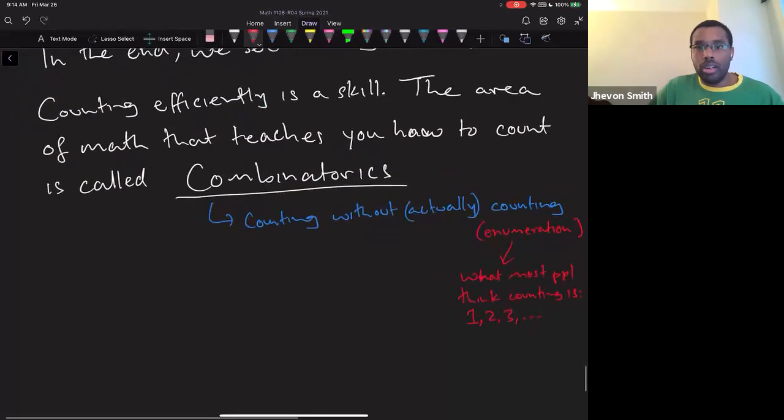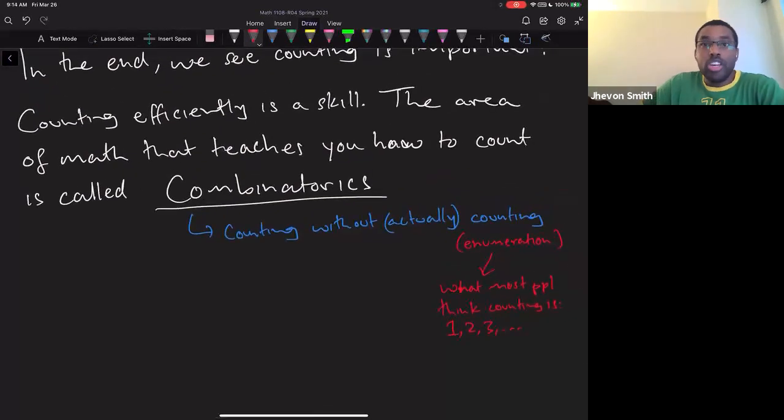That in technical terms is called enumeration, right? We want to count without having to enumerate stuff. And the study of how to do that is called combinatorics. And it can get quite crazy because the world is complicated.